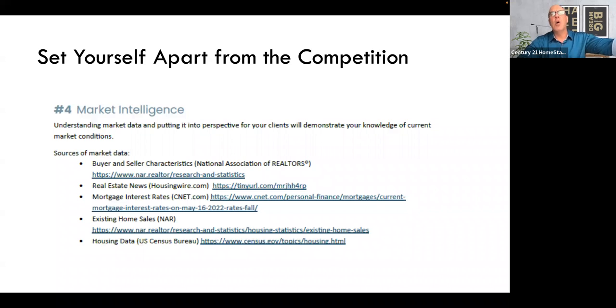You don't tell them you just looked two minutes ago, but you know the market, and that house had this, and that house had that, and they didn't have this. You have to have some information to dazzle people with. And these four things will definitely dazzle them.